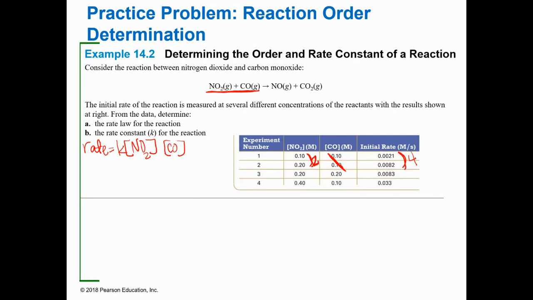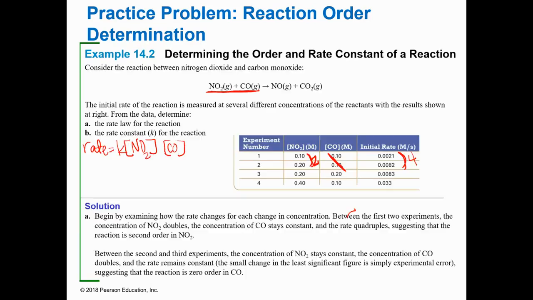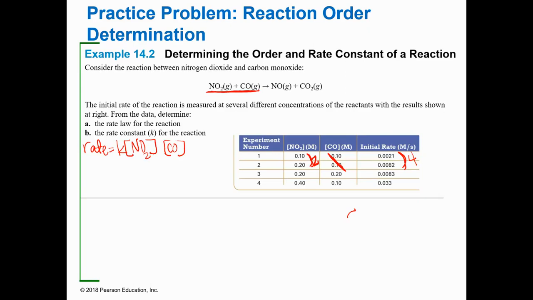The way to determine this is 2 to the x, that's our order, is going to be 4. Hopefully you know that 2 squared is 4, and if that is the case, NO2 is second order.